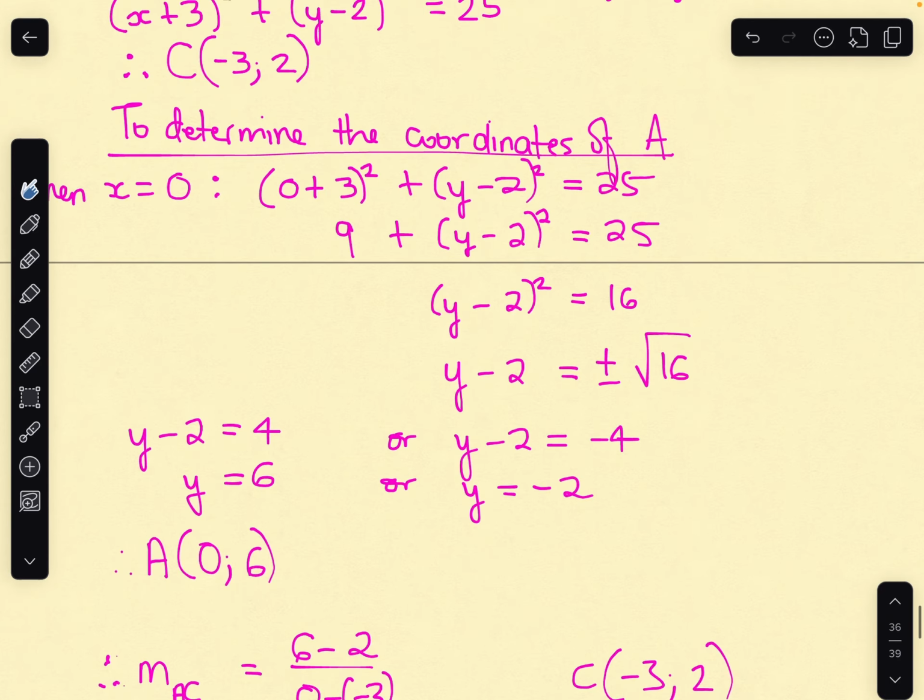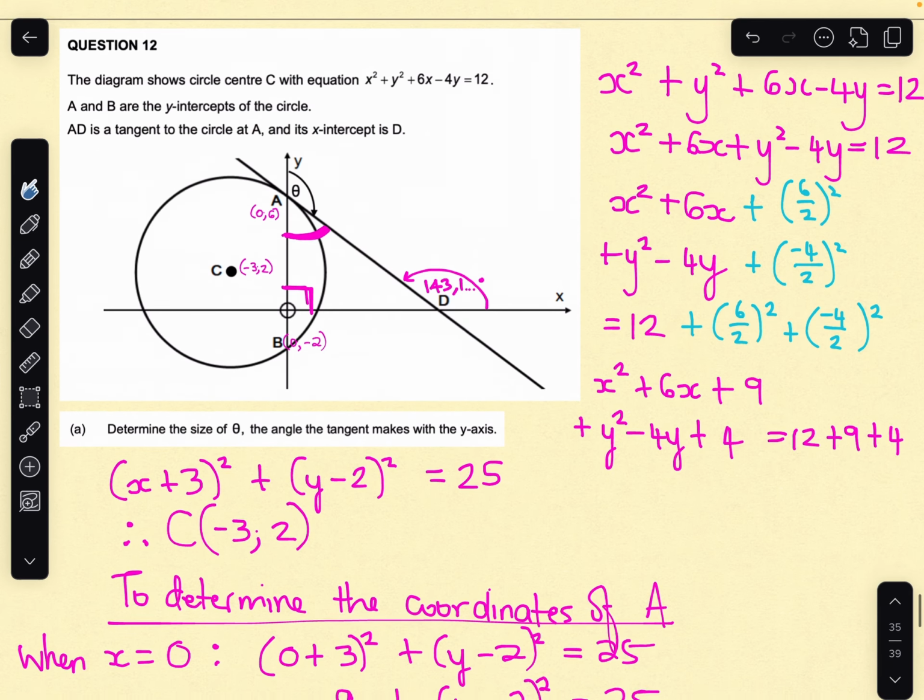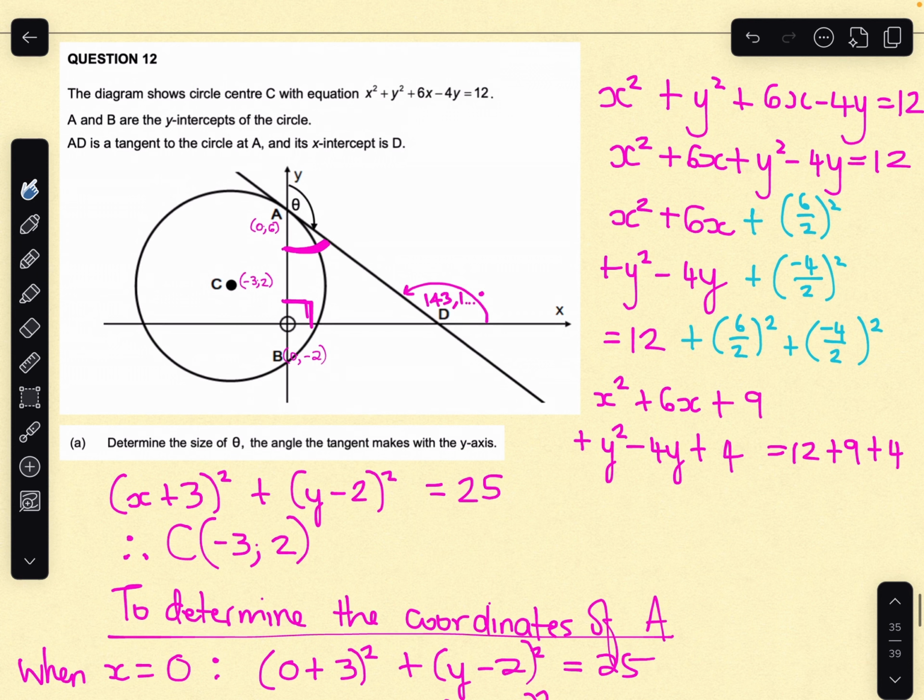Okay, let me just familiarize myself with what we did in the previous question, because the truth is I did this question a couple of days ago, so I've completely forgotten what I did. In the previous question, we were trying to find the size of this angle. We found the equation of the circle in standard form, which gave us the coordinates of C. Then we found the coordinates of A and B, which are the y-intercepts.